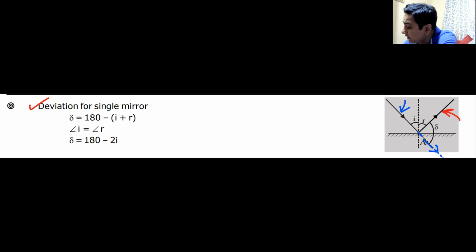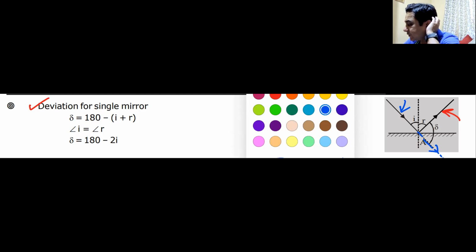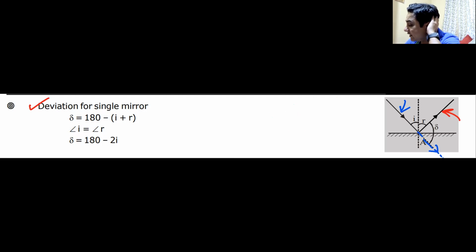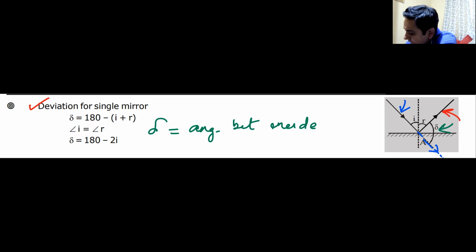The angle between the incident ray, please mark my words, the angle between the incident ray, the green one, and the reflected ray, in case delta, this delta is the angle between incident and reflected ray.